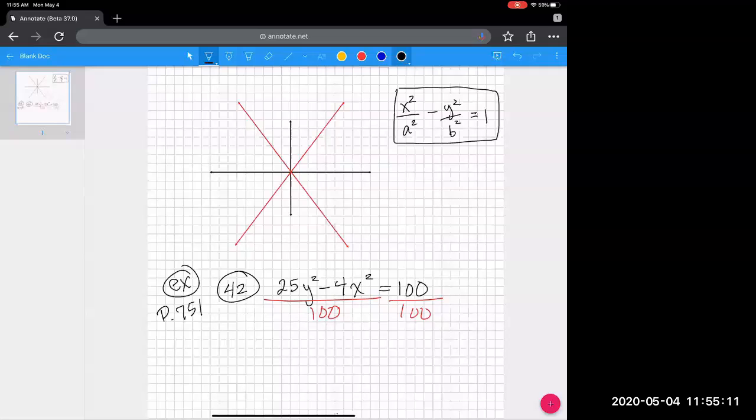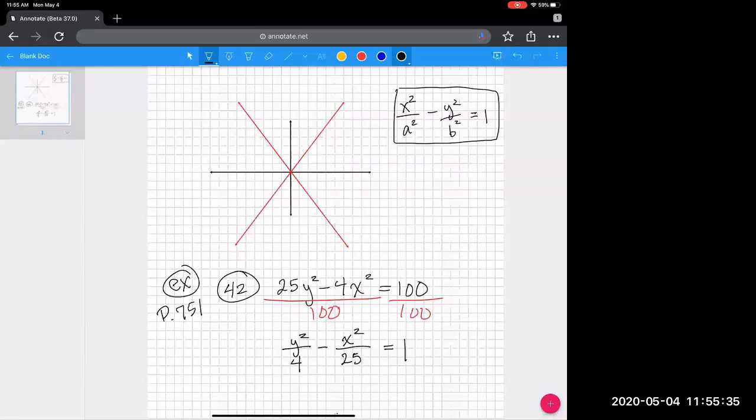If I do that, I get y squared over 4, since 25 goes into 100 4 times, minus x squared over 25, since 4 goes into 100 25 times, equals 1. So we had to do a little manipulation here to get it into a format.